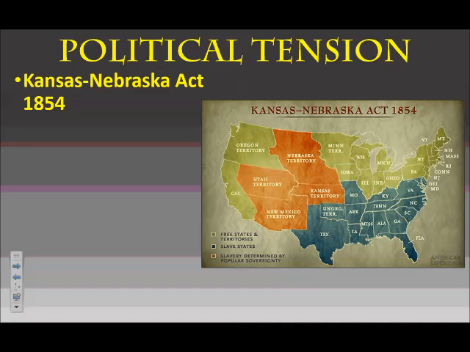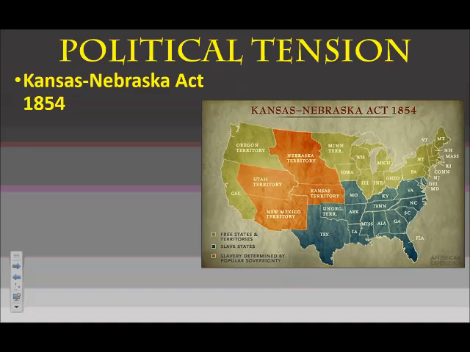In 1854, the Kansas-Nebraska Act is passed, and it is making the Nebraska Territory and the Kansas Territory, as you can see there in the center. It is trying to pave the way for this transcontinental railroad that Stephen A. Douglas wants so much. We had already established with the Compromise of 1850 that Utah and New Mexico could use popular sovereignty to determine whether they would be slave or free states.